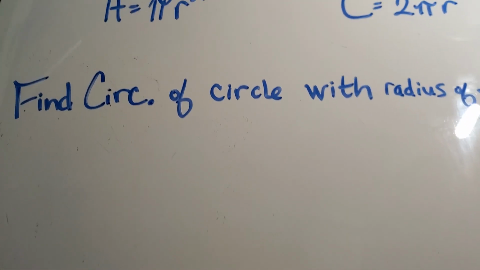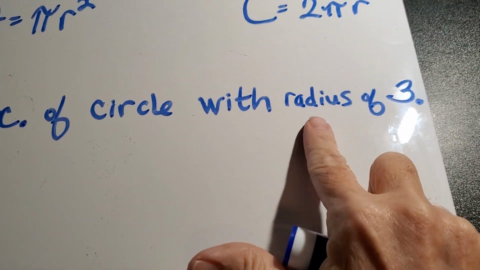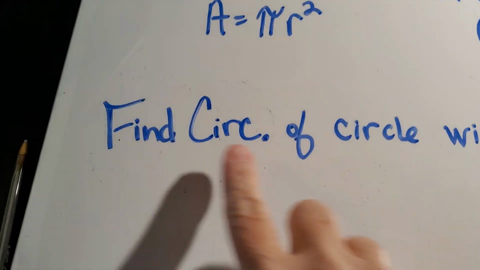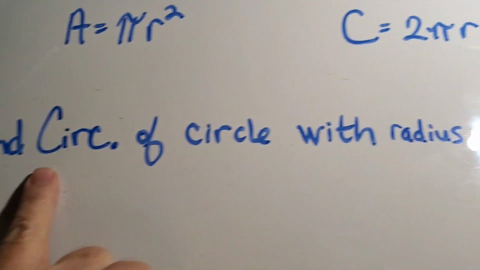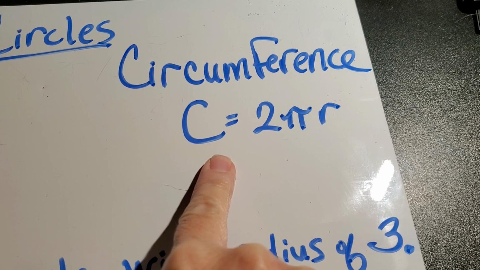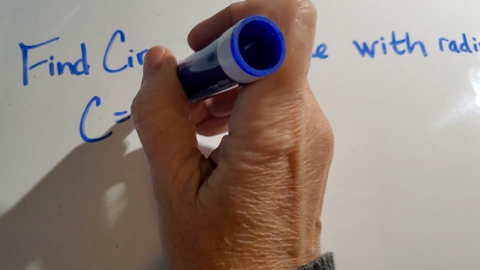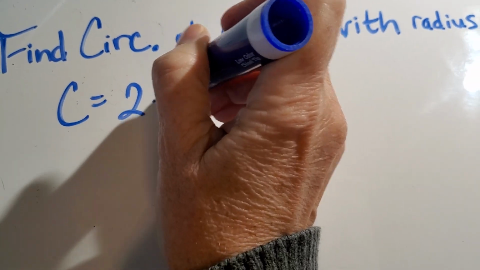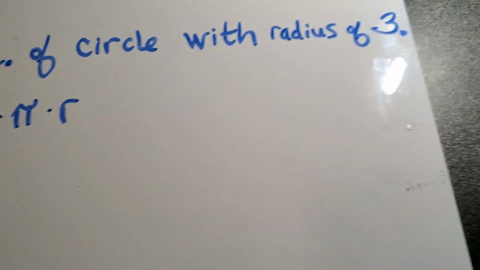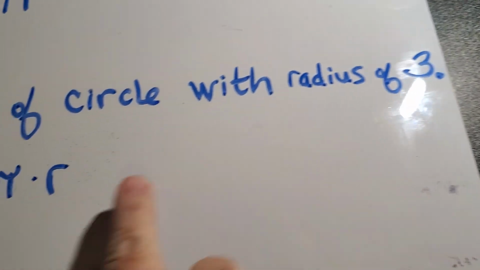The next problem that we're going to do is still a circle with a radius of 3, but this time we're going to find the circumference. All you do is think of your formula for circumference, which is circumference equals 2 times pi times r, but then we are substituting a 3 in for the radius.